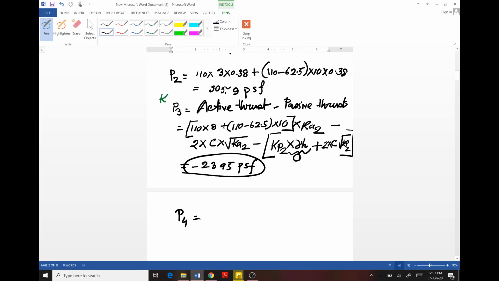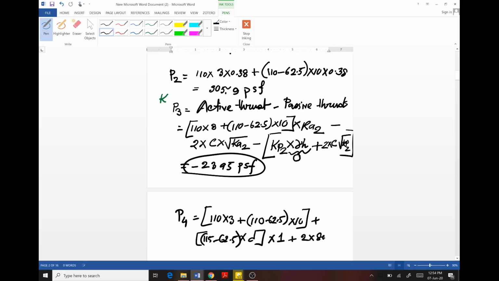P4 will be 100 into 3 plus 110 minus 62.5 into 10 plus 115 minus 62.5 into D into Kp2 plus 2 into C into root over Kp2.